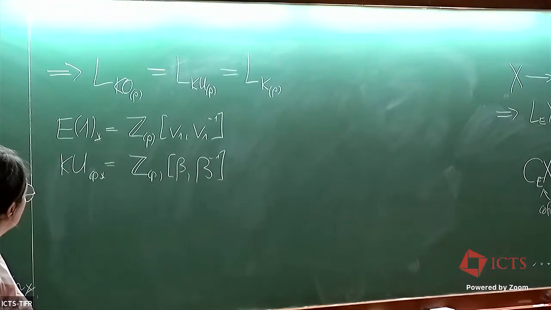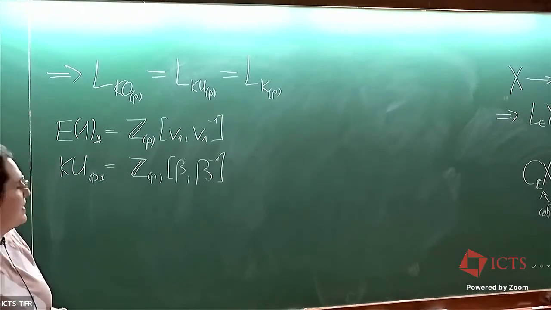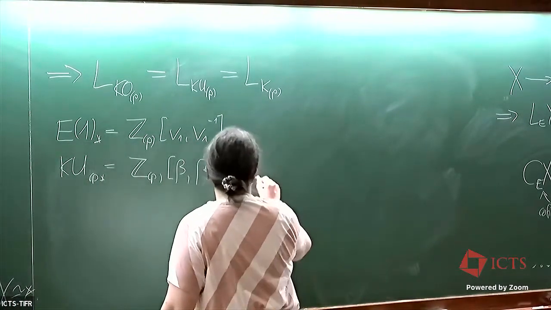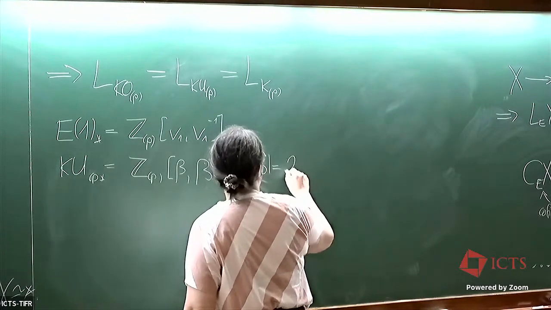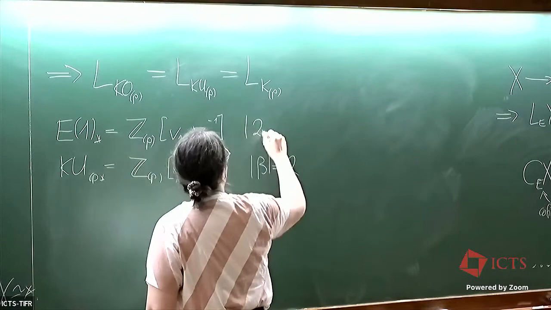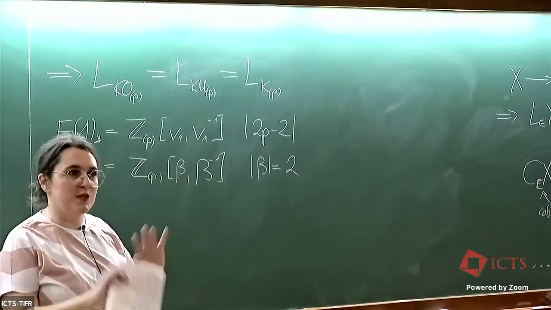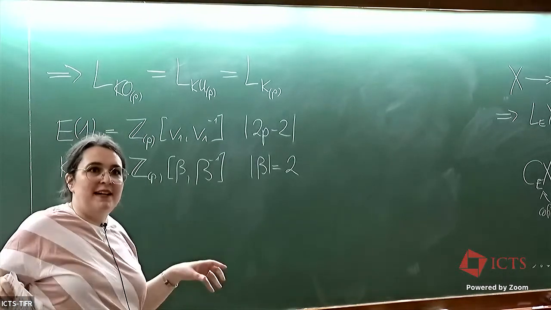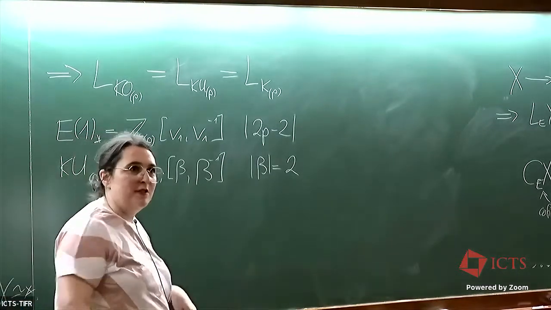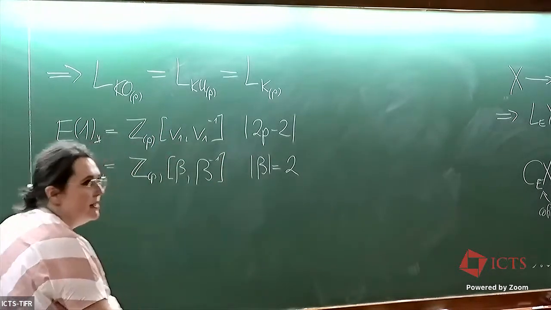But the underlying spectra still can't be the same because, well, this one has degree 2 and this one has degree 2p minus 2. So unless p equals 2, which I think is, of course, a perfectly fine place in life to concentrate on, unless p was equal to 2, these two things would not be the same.